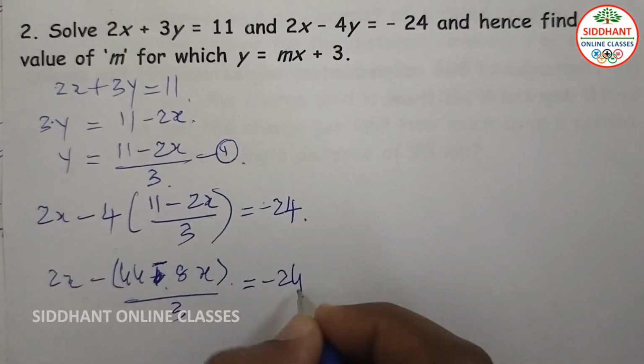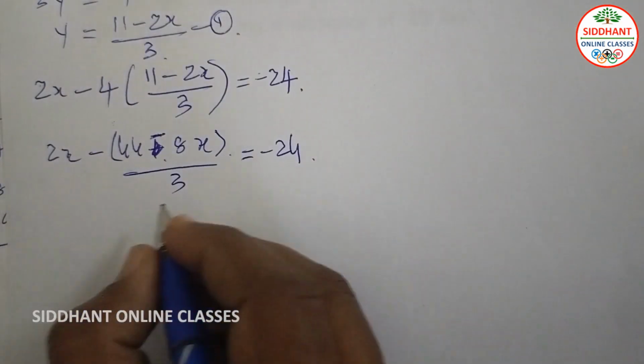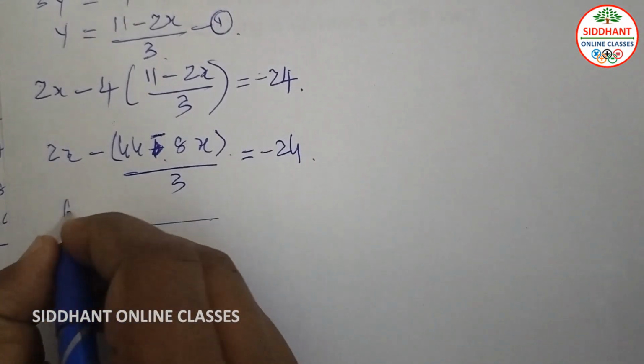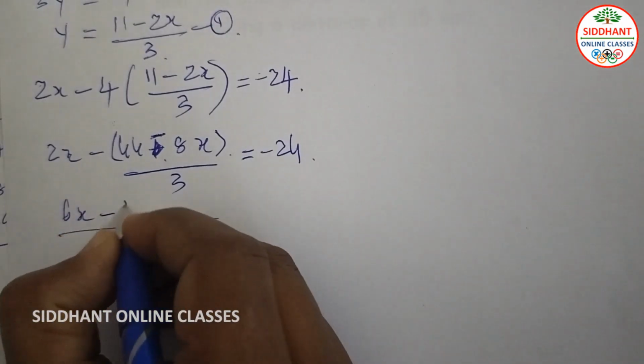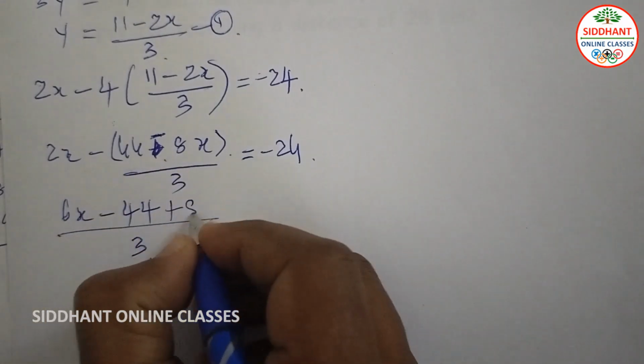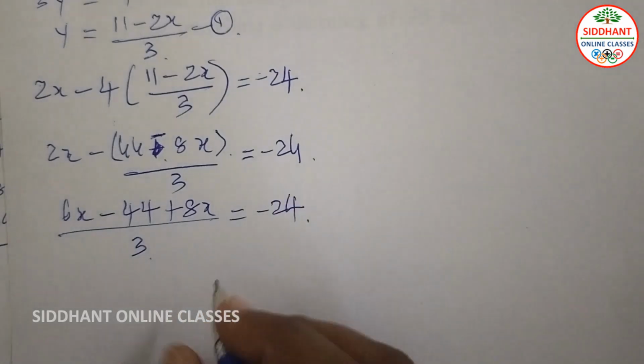So here minus 24. So now taking LCM 3, so it will become 6x minus 44. Here minus minus plus 8x equal to minus 24 here.